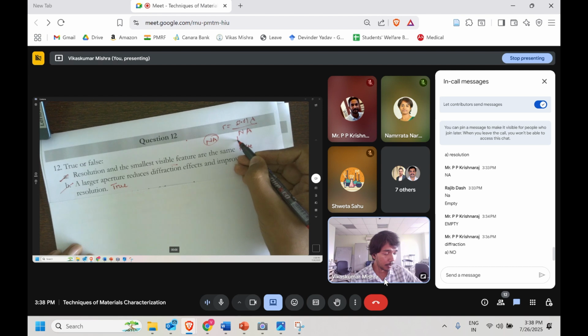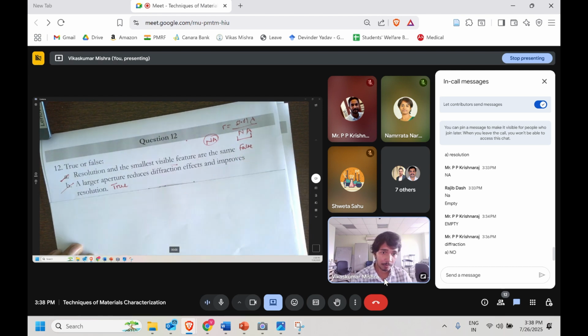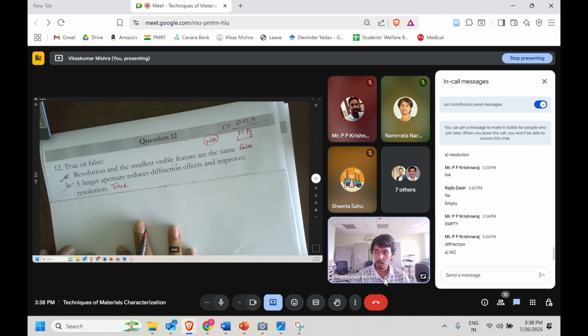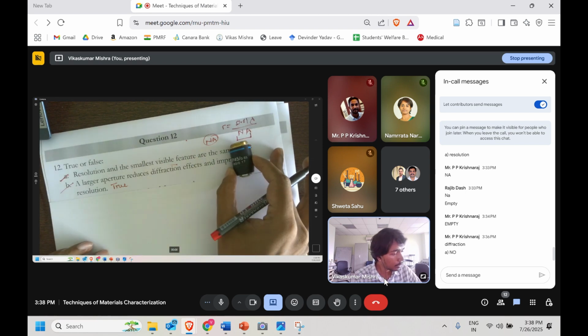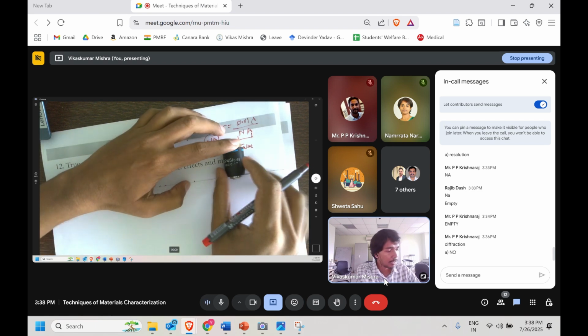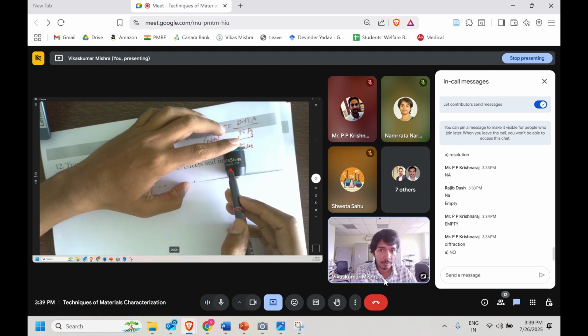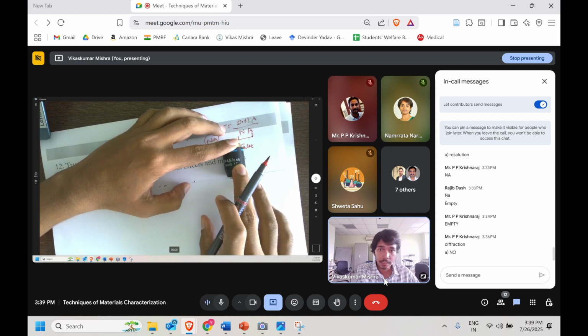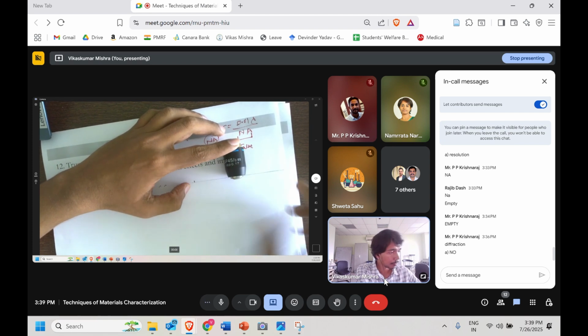Okay, so the numerical aperture is the one we are going to play a lot with. In the optical microscope, you can see, for example, the objective lens I showed you. The first thing is that it's written as 45. 45 is the magnification. 0.65 is nothing but the numerical aperture.